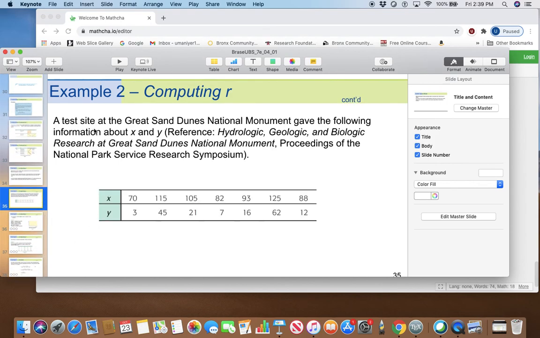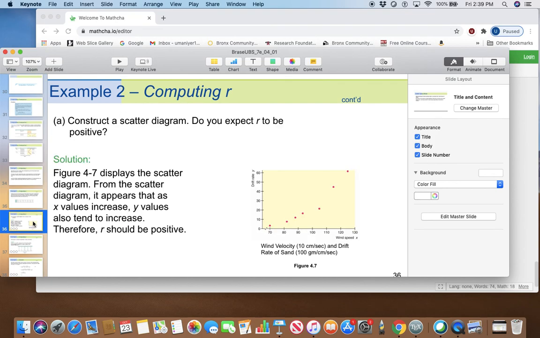Now, a test site at the Great Sand Dunes National Monument gave the following information about x and y. Okay, so here is x and here is y. All right. Now let's plot these points. It looks like they are positively correlated, but not perfectly correlated.